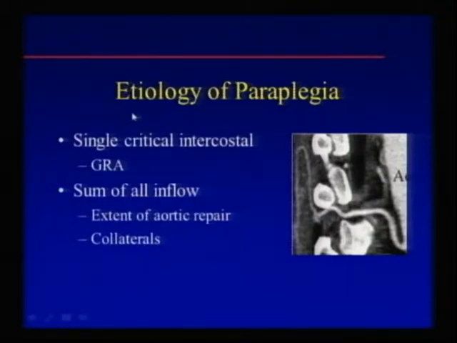So what is the real problem? What is the etiology of paraplegia? There were two competing theories. One, a sort of old-fashioned theory, says that the critical part of the aorta is the one that gives rise to a critical radicular branch to the anterior spinal artery, the artery of Adamkiewicz, or the great radicular artery.